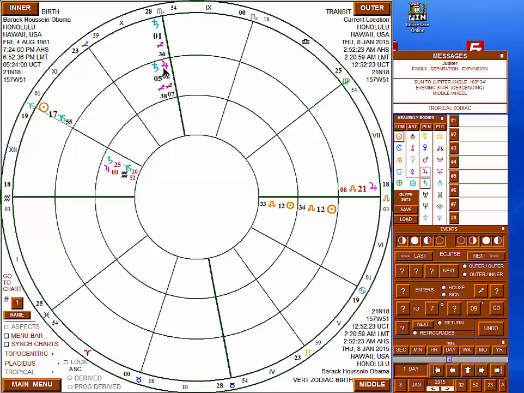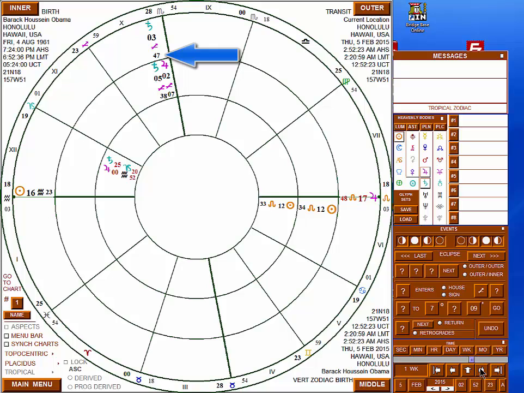Let's go on and see, one week at a time, I guess, when transiting Saturn will conjunct the vertical zodiac Saturn. Let's go back to one day at a time.